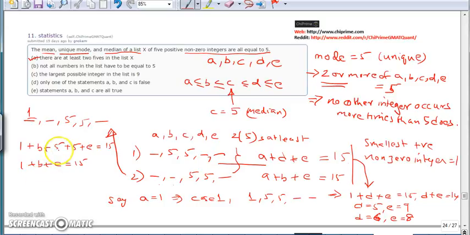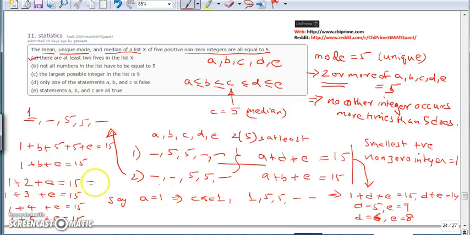B has to be less than or equal to 5 because it's to the left of 5. So you have 1 plus, let's say B equal to 2, plus E equal to 15. 1 plus, let's say B equal to 3, plus E equal to 15. Or 1 plus B equal to 4 plus E equal to 15. Or the last case, 1 plus B equal to 5 plus E equal to 15.